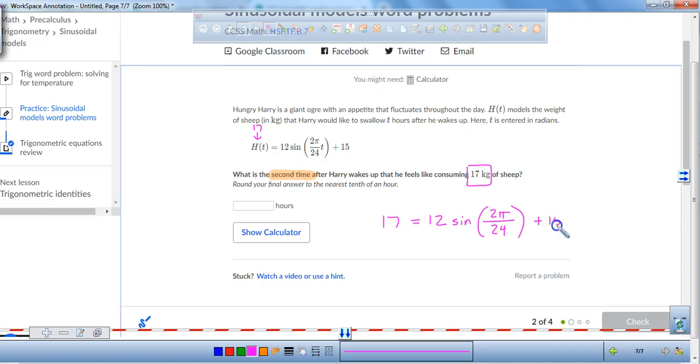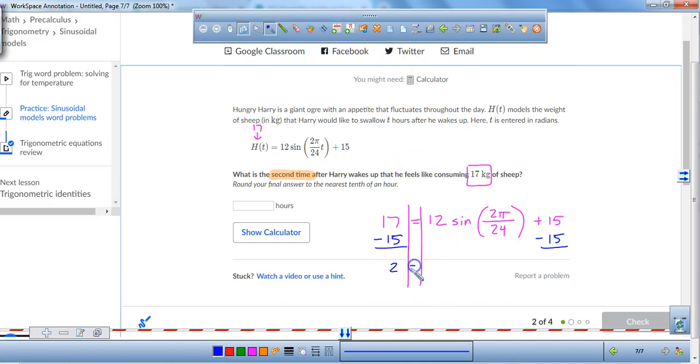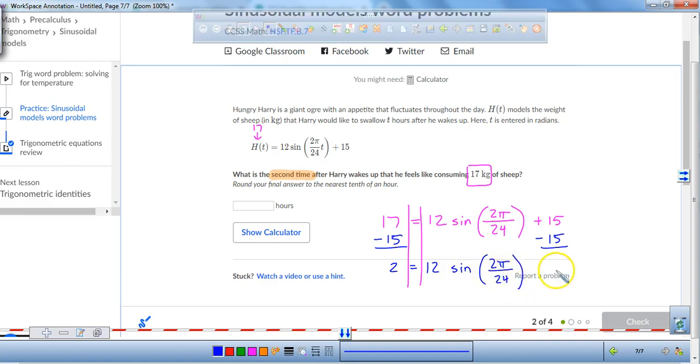All right, so step number 1, we take away 15 from both sides. 17 minus 15 is 2, equals 12 times the sine of 2 pi over 24, which is just pi over 12. You could also do pi over 12 if you wanted to.